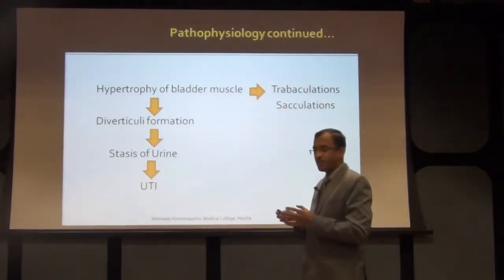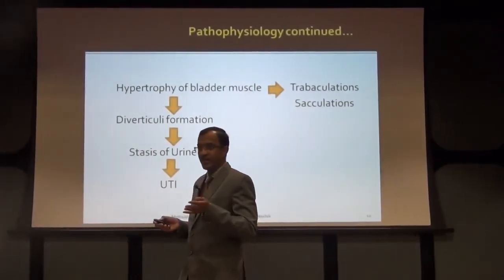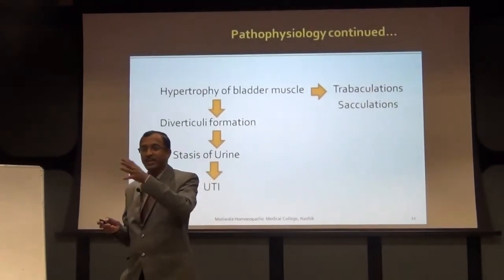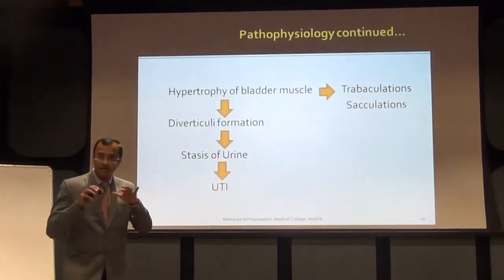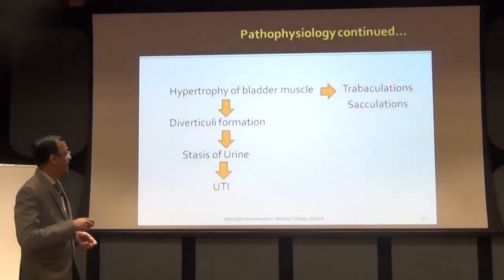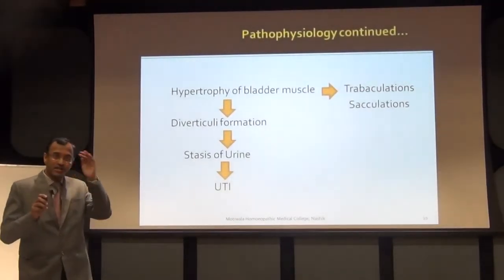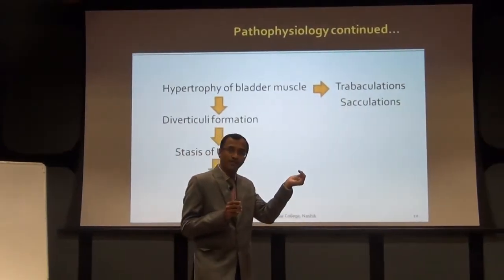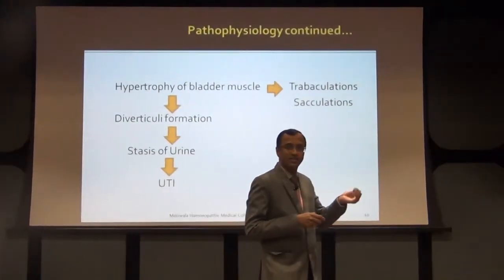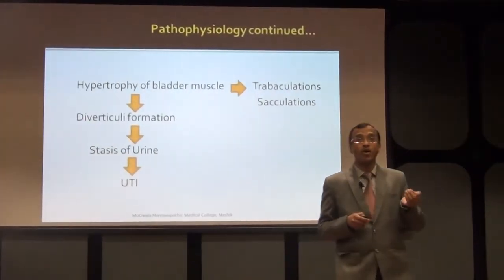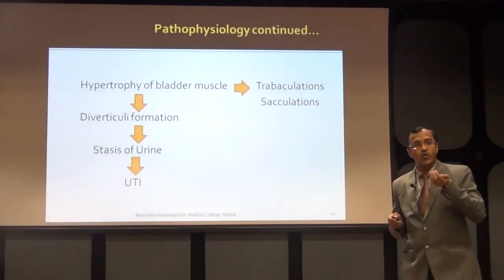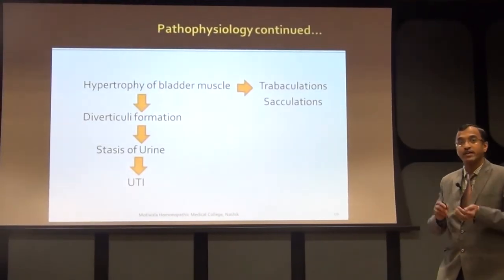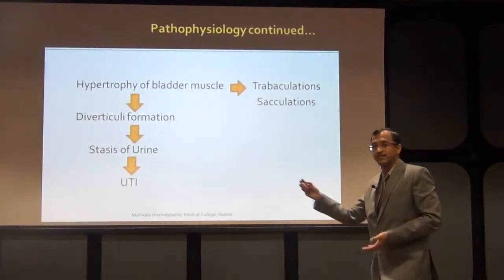Because of the hypertrophy of the bladder muscle, initially there is an irregular pattern of the inner mucosa giving rise to trabeculations, but later on they form saccules, and once sacculation is formed, there are chances that the PVR, the post-void residual amount of urine, will be significantly increased.